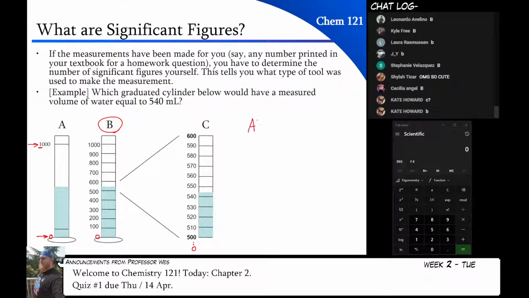So for graduated cylinder A, I would say that I have 0,000 milliliters, which is weird to write it this way, but you'll see why I'm doing it in a second. I would then guess the next digit, which I would say, well, it's right in the middle, so I'm going to guess 5.